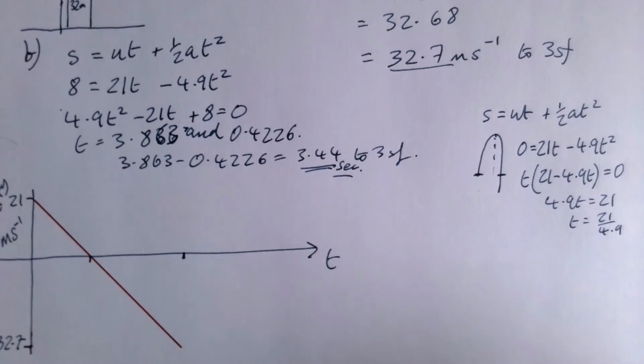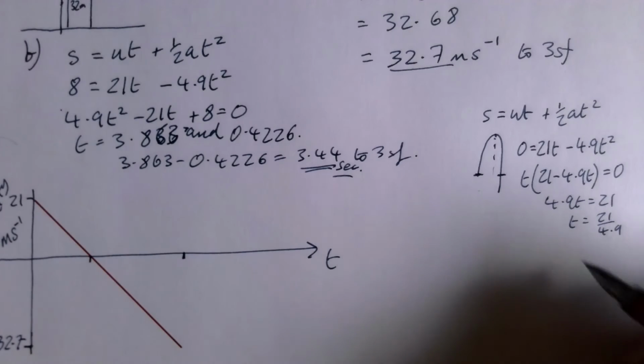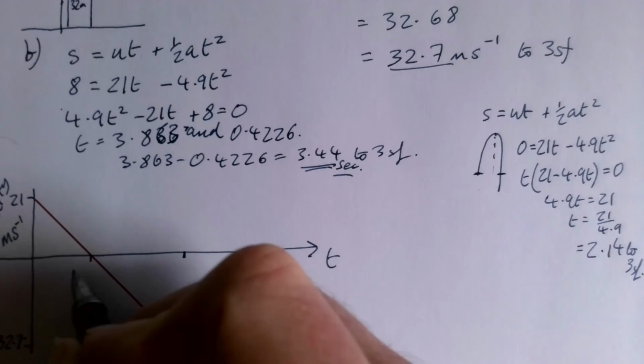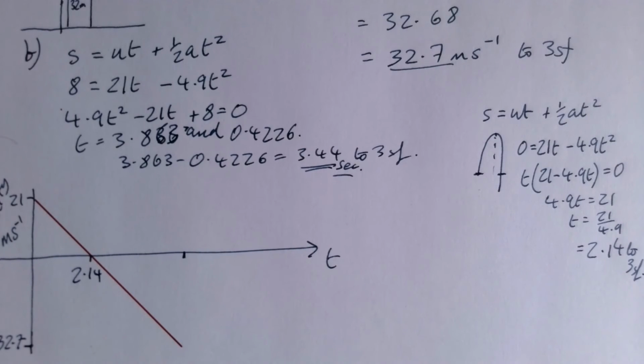So if we do that time and then halve it, because the first time was 0, that should give you 2.14 to 3 significant figures.